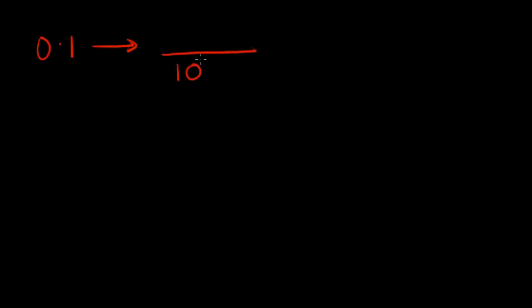So in the denominator there is 1 zero because there is just one digit after the decimal point. If I neglect the decimal point, the numerator is 1. So this would have been 1 upon 10.